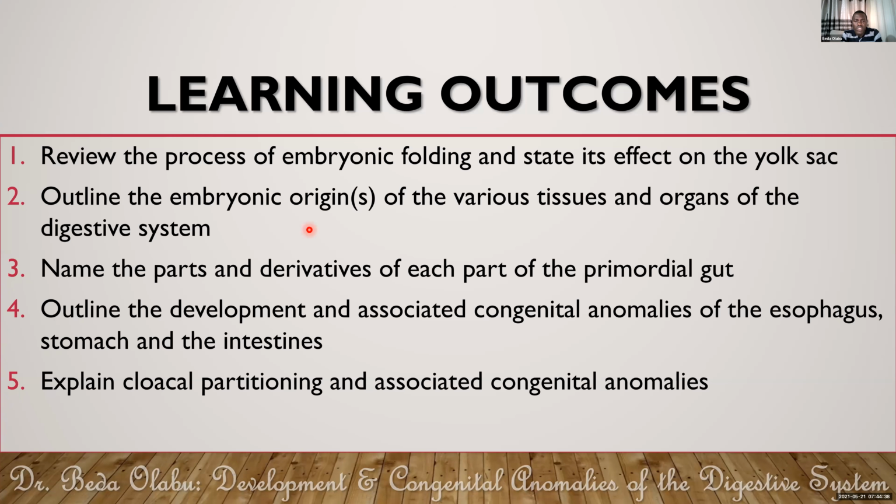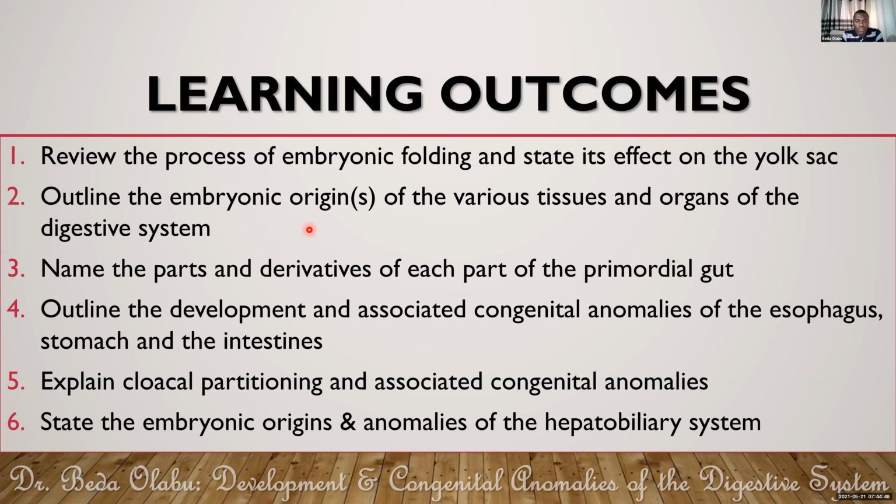We will in particular look at how the cloaca is partitioned and the congenital anomalies of the cloaca. Lastly, we will talk about embryonic origins and malformations of the hepatobiliary system. In this case, we'll be focusing on the liver, biliary tree, and the pancreas.